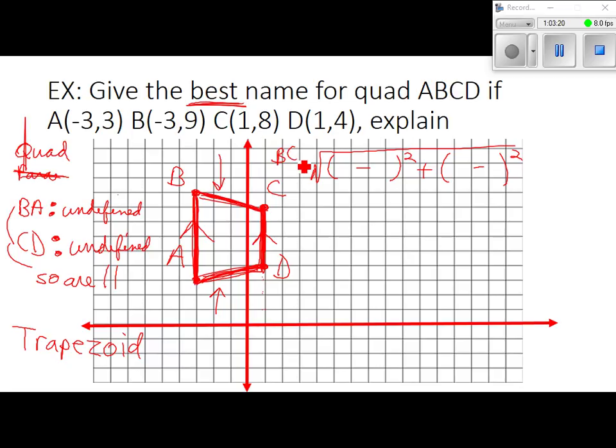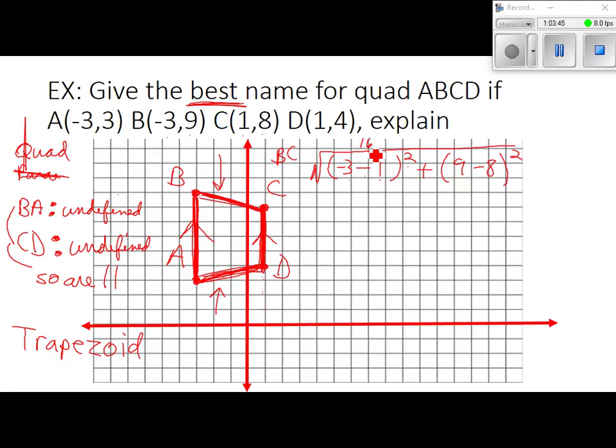The x-coordinates for B and C are -3 and 1. So -3 minus 1. The y-coordinates for B and C are 9 and 8. And you can plug all that into your calculator. I'm just going to try to do some of it in my head. -3 minus 1 is -4. -4 squared is +16.